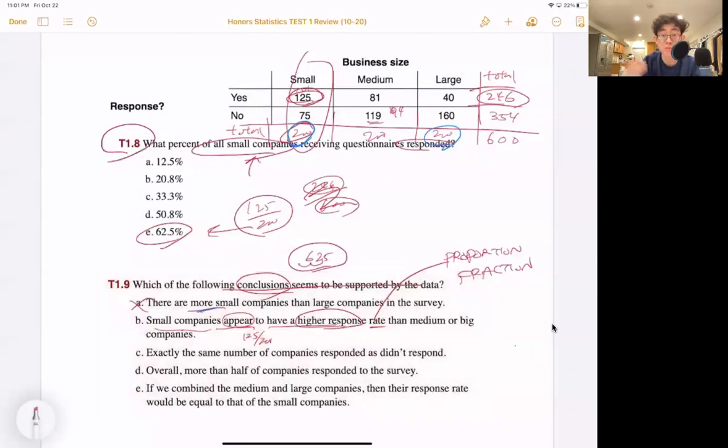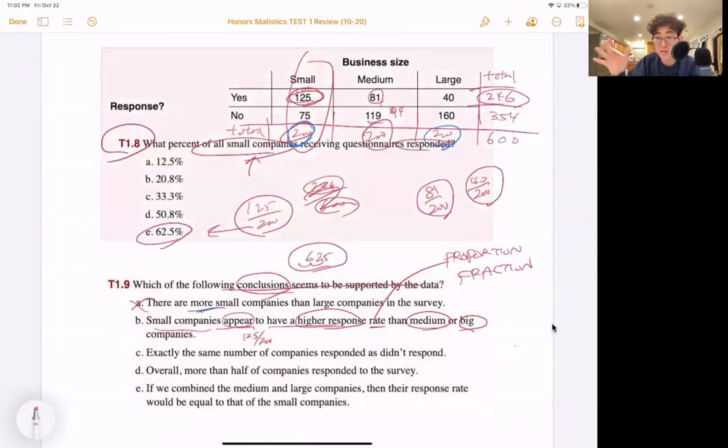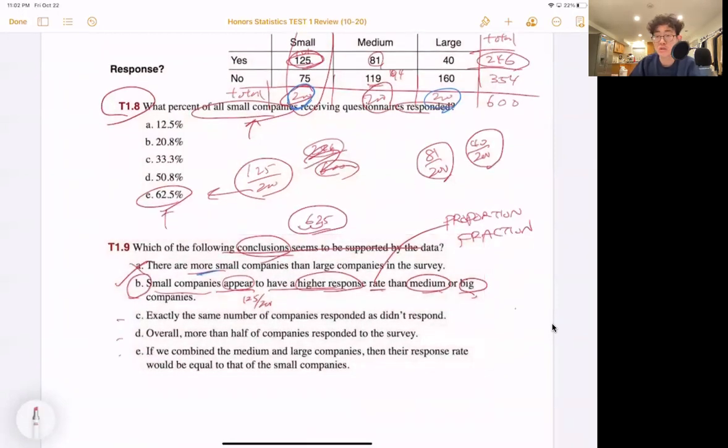That was the answer we got from T1.8. Medium companies are 81 out of 200, and large companies 40 out of 200. You can find the percentages too, but that's not going to beat the 62.5%. So small companies appear to have a higher response rate than those two. Yes, that's absolutely true. Let's go over the others just to make sure.